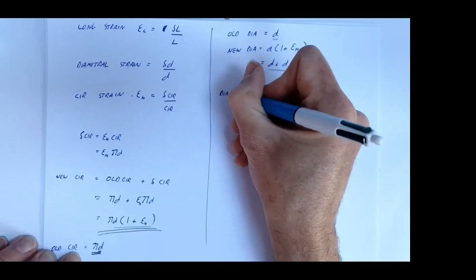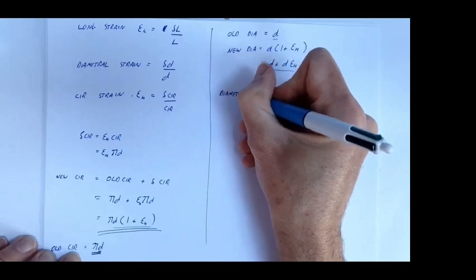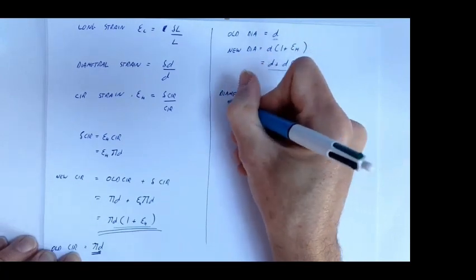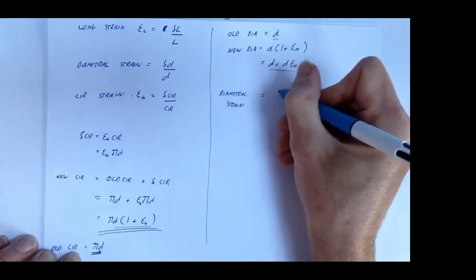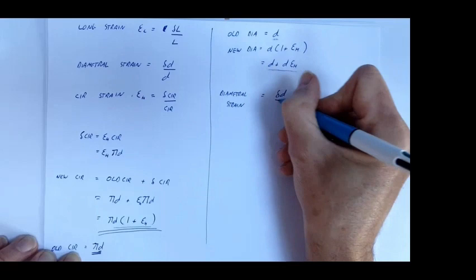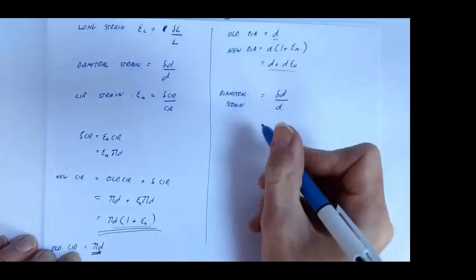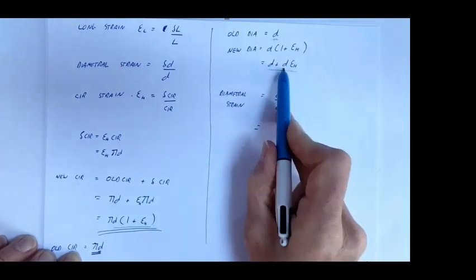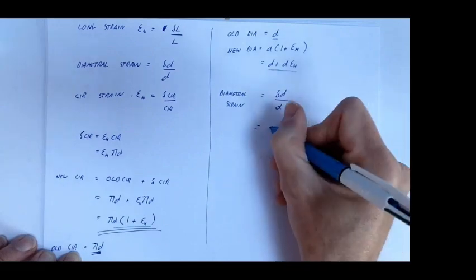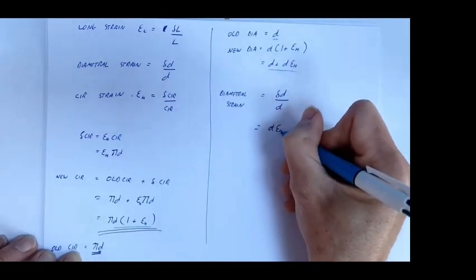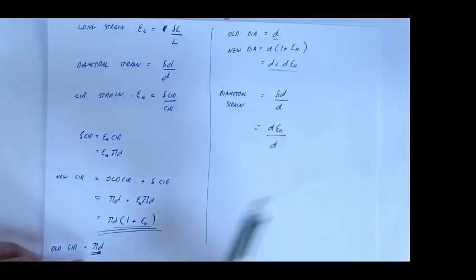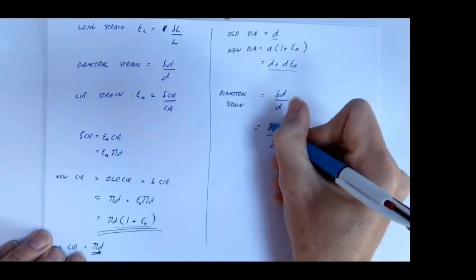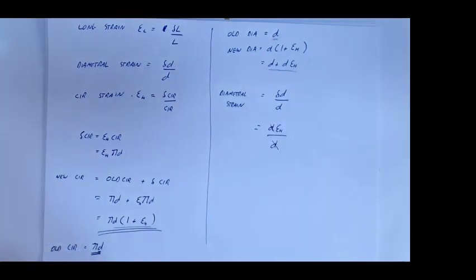Our diametral strain equals the change in diameter over the original diameter. Now, the change in diameter we've just said is this, d times by the hoop strain. And the original diameter was d. Now clearly that and that cancel out. Now, what does that leave us with?